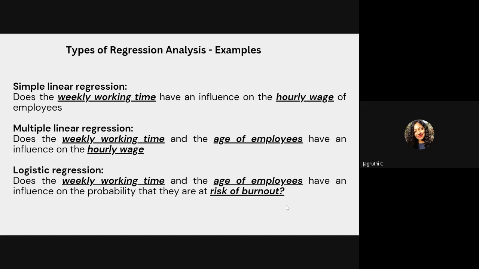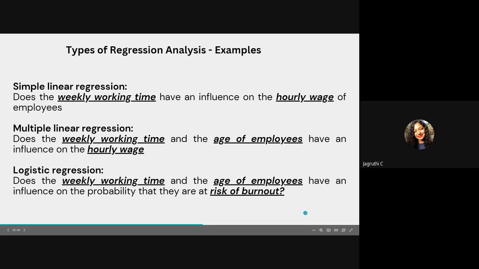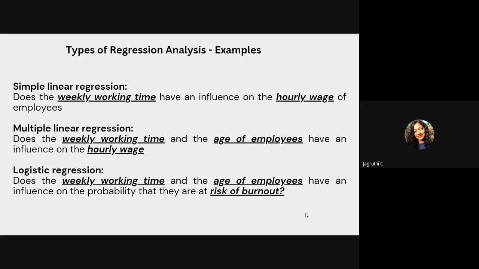Now coming to multiple linear regression, along with weekly working time, you also have another field called the age of employees. You are taking both your weekly working time and the age of employees collectively to predict the hourly wage for any given employee.